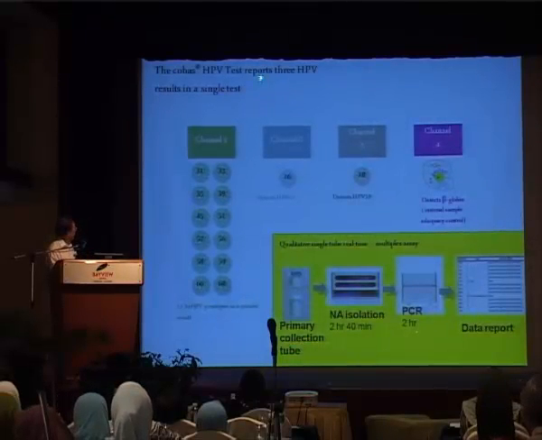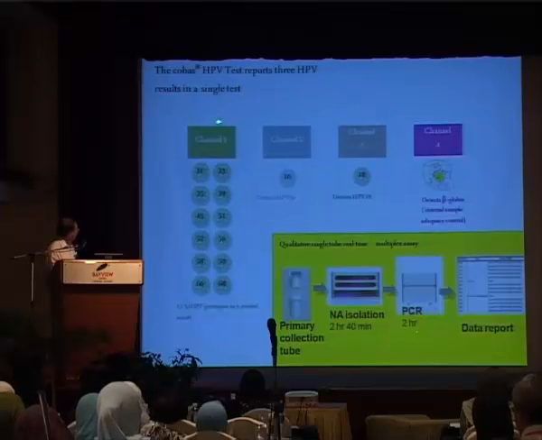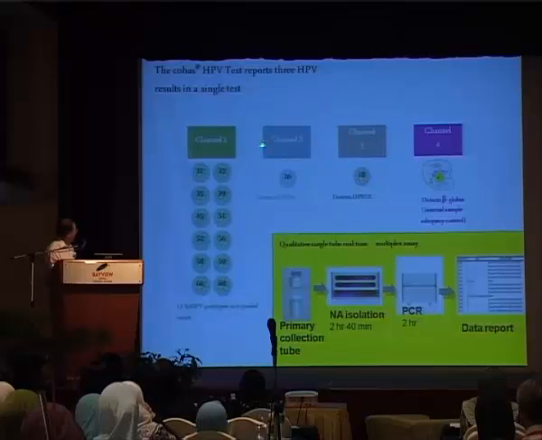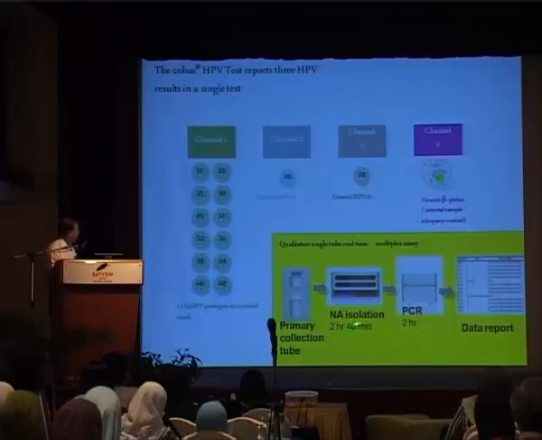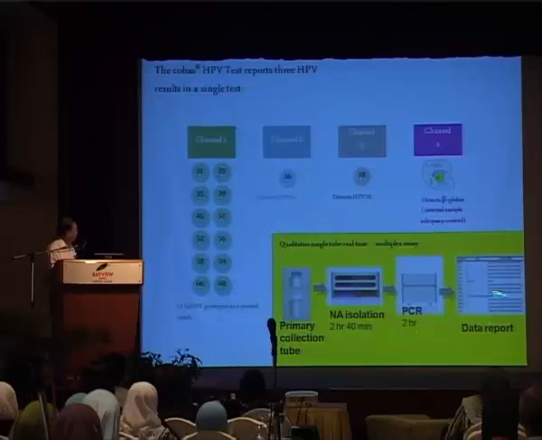Now, looking at the new test just approved by the FDA using this COBAS system, the test within one sample can go through the nucleic acid isolation and PCR technology and generate the data report in approximately 5 hours.